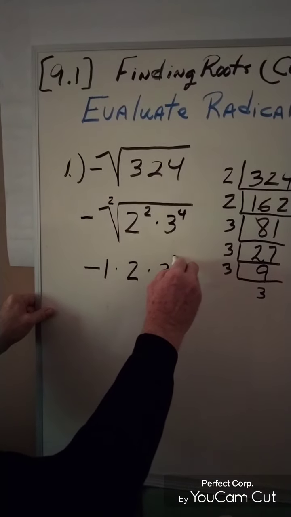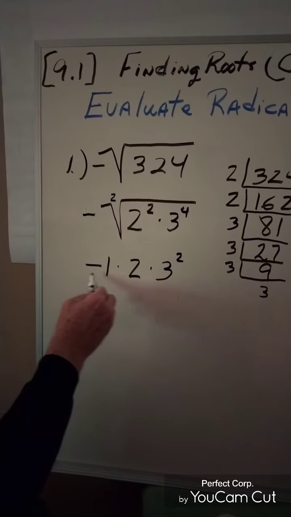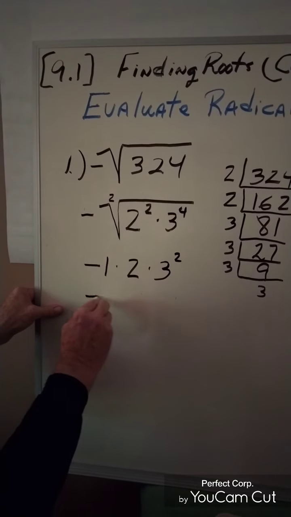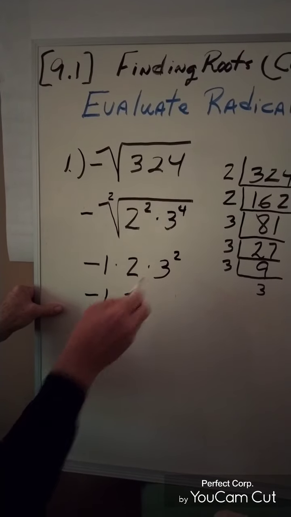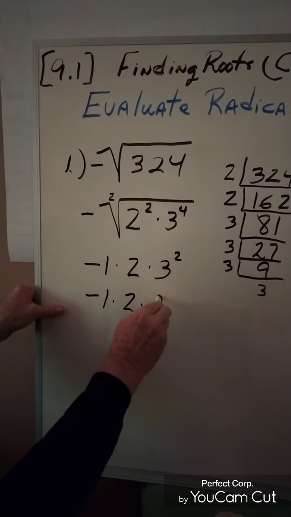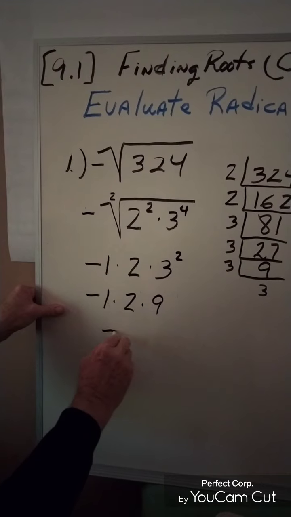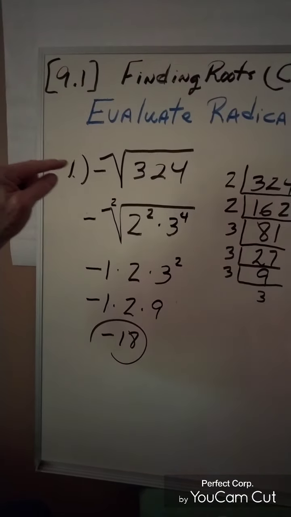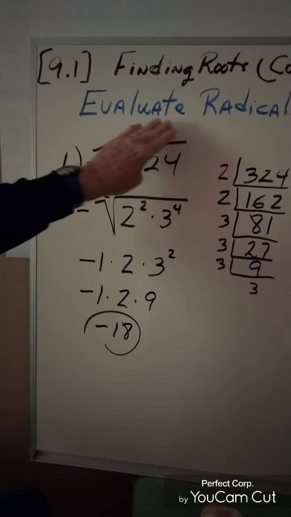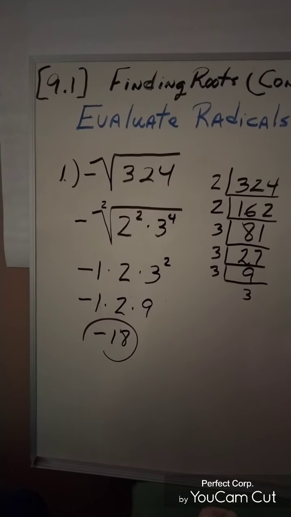We'll put that exponent right there. And now let's multiply this out. -1 times 2 times 3 squared, which is 9. And we should get a -18, which would just happen to be the solution of that radical expression.